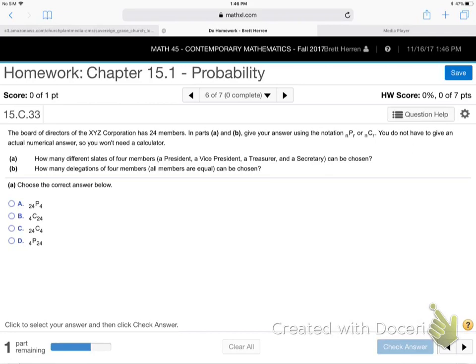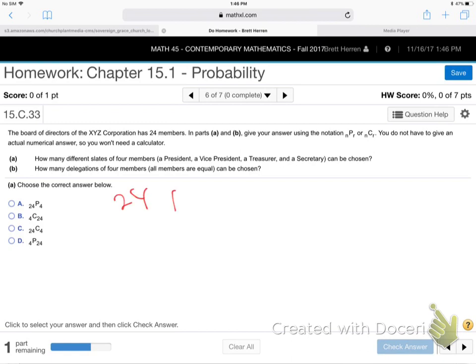Okay, Board of Directors, XYZ Corporation has 24 members. 24 members, blah, blah, blah, do the PC thing. Okay. So how many different slates of 4 members, president, vice president, treasurer, secretary, can be chosen? So you got these 24 people. So let me write out what we're talking about.